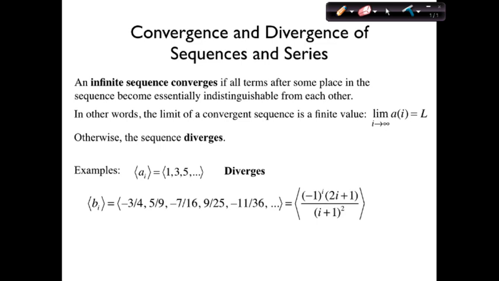All right, I think this was one of the next ones we did: negative 1 to the i, times 2i plus 1 over (i plus 1) squared. Yeah, this was like the second example we did. How about this one? Notice what's happening. The numerator is getting big, but how does the denominator get big compared to the numerator? Yeah, it's squaring, right?